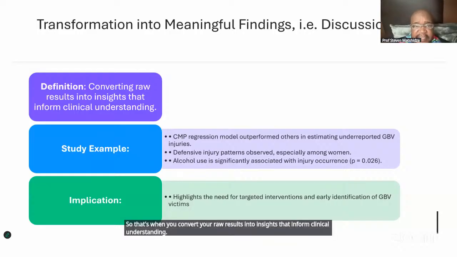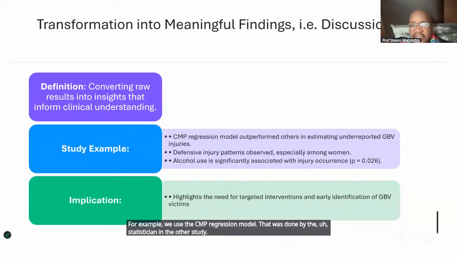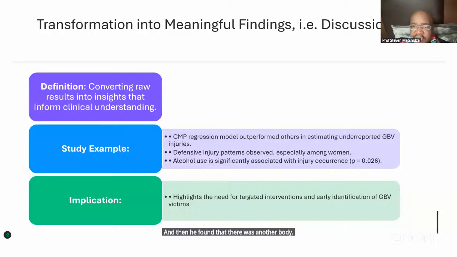The study example, for example, we used a CMP regression model that was done by the statistician in the other study. And then he found that there was underreporting of gender-based violence injuries.